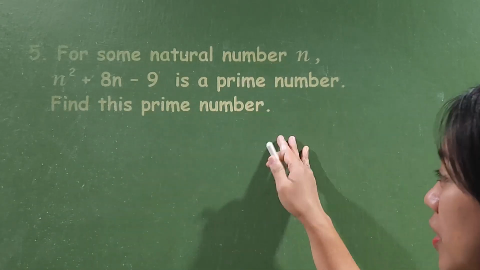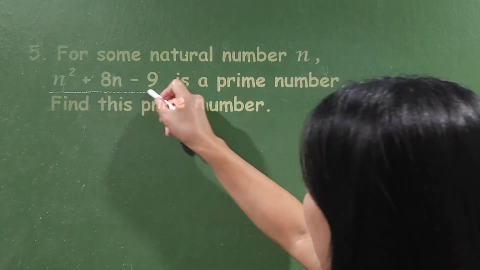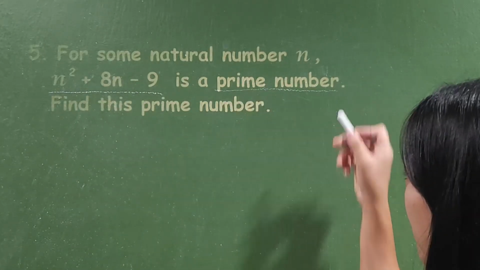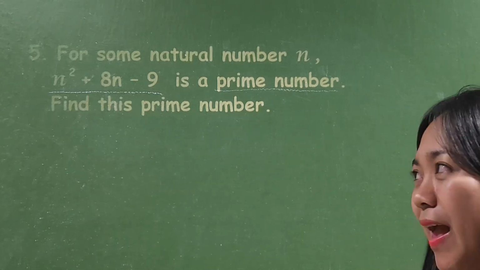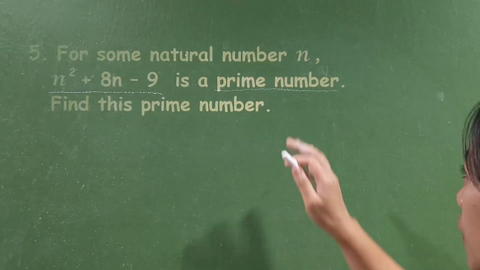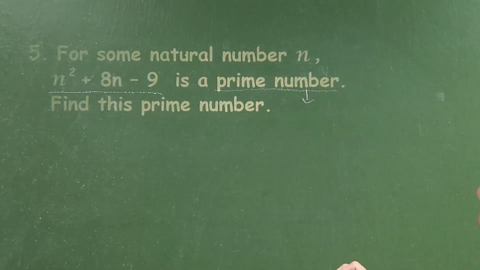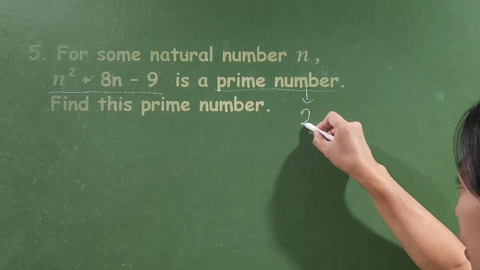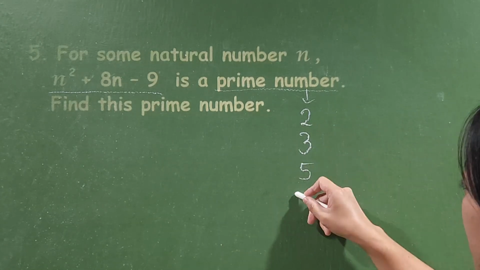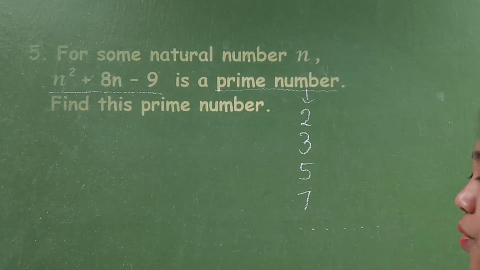Okay, in this question, this expression n squared plus 8n minus 9 is a prime number, and our task is to find this prime number. We already know that prime numbers are like 2, 3, 5, 7, and so on.